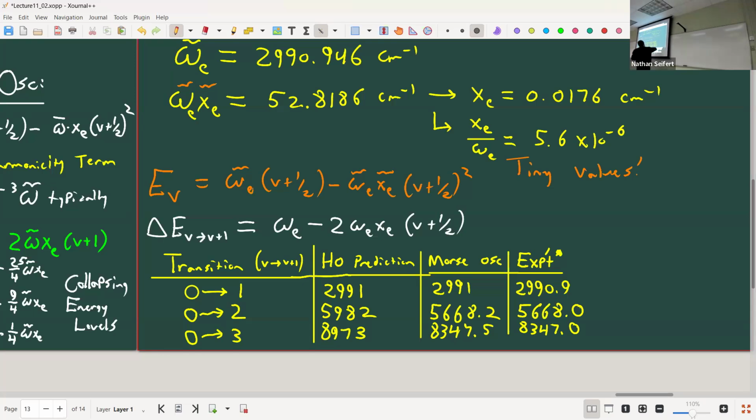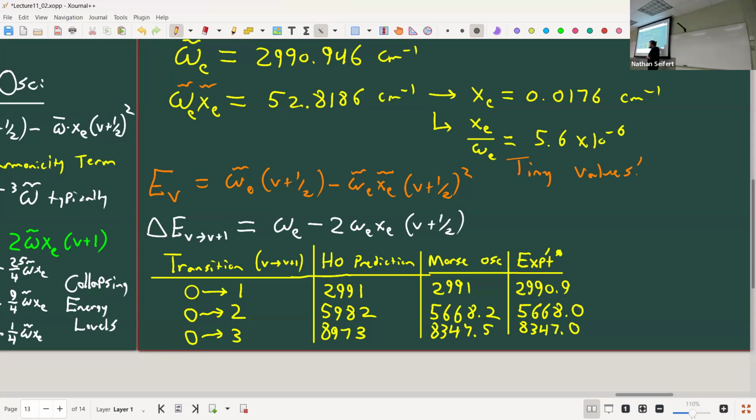But by including this extra term, by now fitting our spectrum not to a line but to a linear function of the quantum number v, we now have a slope instead of just a straight line. You can see we've brought the error down to less than a wave number. Okay, it's still not perfect. In fact, the errors are getting worse.